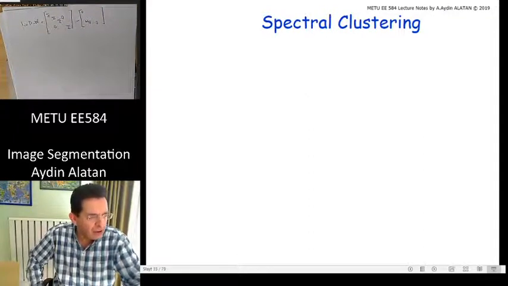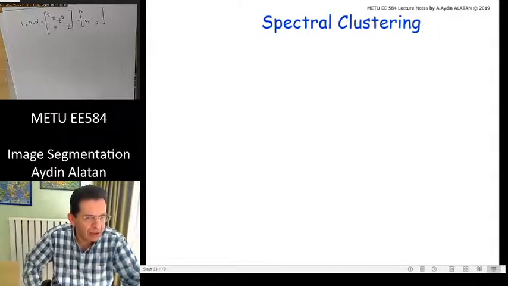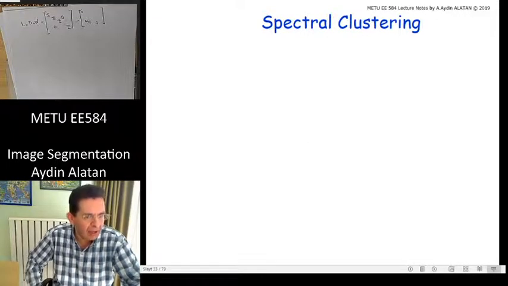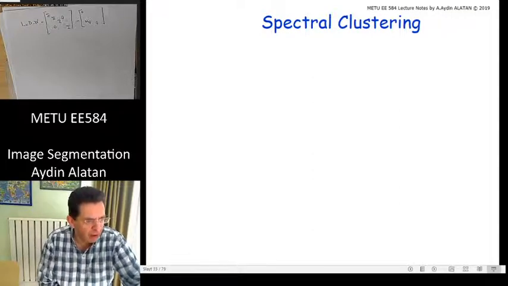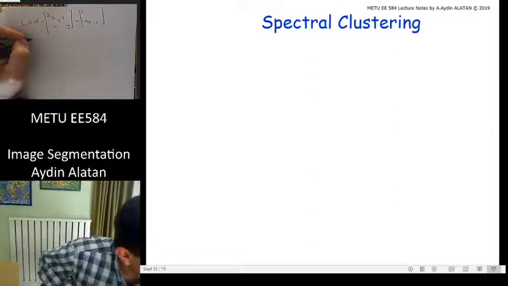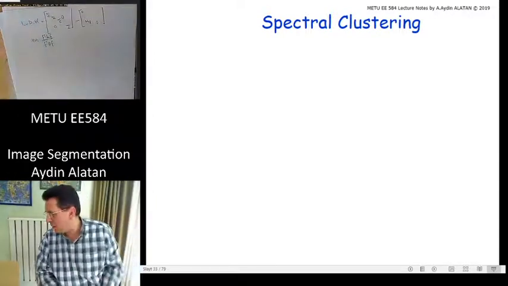The eigenvector corresponding to the second minimum eigenvalue was giving us nothing but the positions of two different clusters. Please note that we were trying to minimize such a term, where this is L, and F, D, F. We were talking about this one, okay?